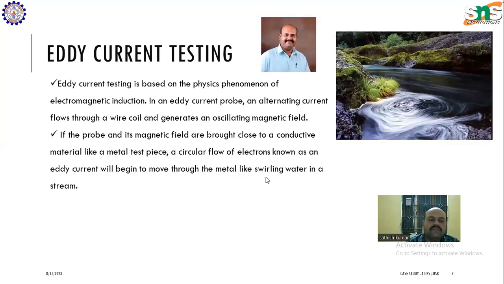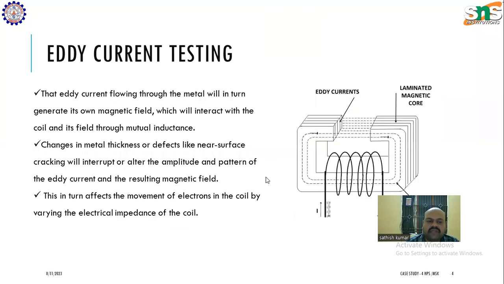As discussed, if the probe and its magnetic field are brought close to a conductive material like a metal piece, a circular flow of electrons known as eddy current will begin to move through the metal like swirling water in the stream. The eddy current flowing through the metal will in turn generate its own magnetic field, which will interact with the coil and its field through mutual inductance.